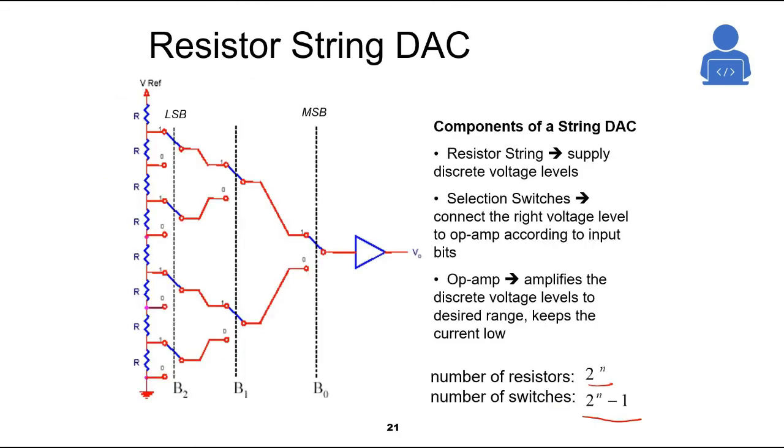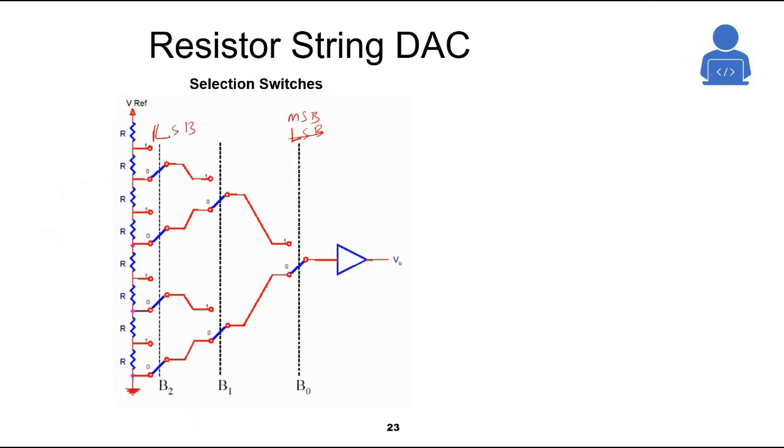Am I correct? Yes. Okay, so here, if you look at this, this is the switch for 0, and this is the switch for 0, and the switch for 0. So 000, and we get 0 volts.